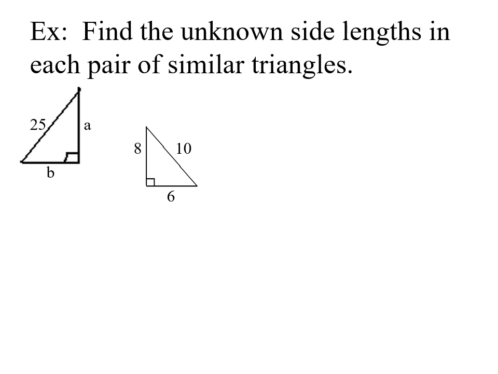So speaking of the sides, find the unknown side lengths in each pair of similar triangles. Again, you might want to flip them to be the same direction if you want to. It doesn't really matter. If I flip this one here to be the same direction, I would have a triangle sitting this direction with the A, the B, and the 25.